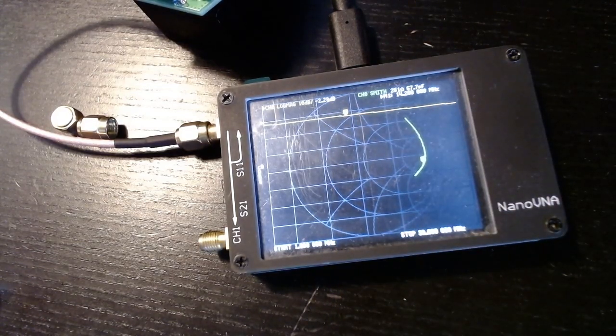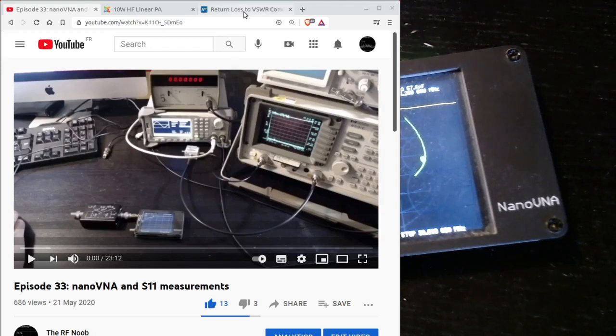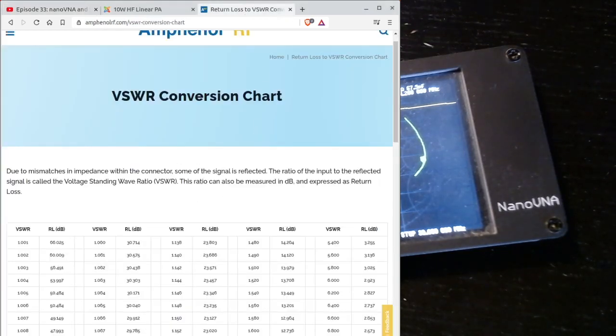Many people, if you are a ham radio operator, are probably more used, instead of the return loss, to the SWR coefficient. There is a one-to-one correspondence between return loss and SWR. For me, the return loss is clearer, but anyway, it's typically considered that an acceptable SWR must be at most 1.5, which means about 14 dB return loss.